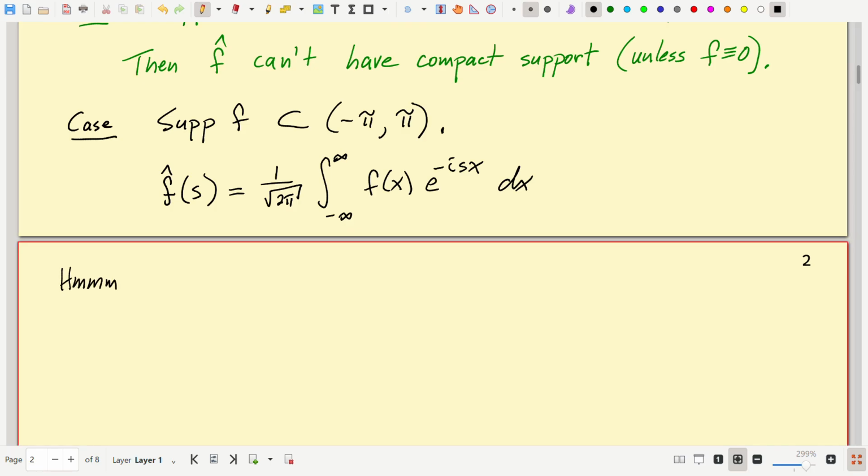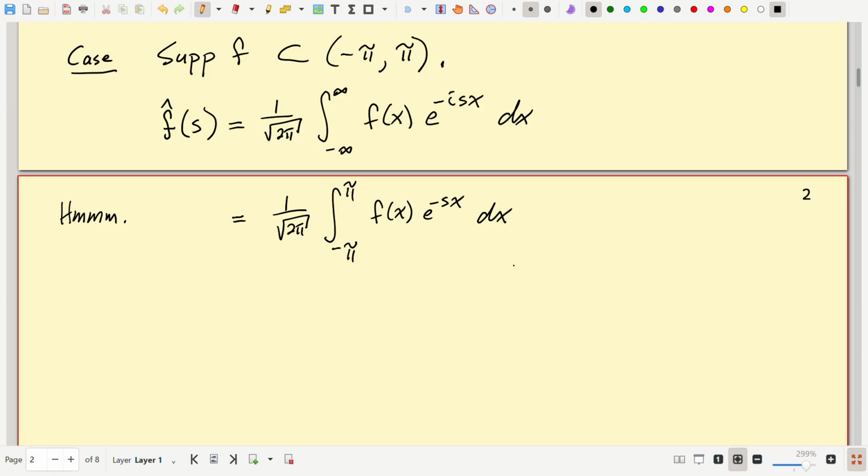because the support of f is in the interval from minus pi to pi, that's the integral. I throw away the integral part that's 0, so that would be the integral from minus pi to pi. And if the Fourier transform had compact support, then this would be equal to 0.